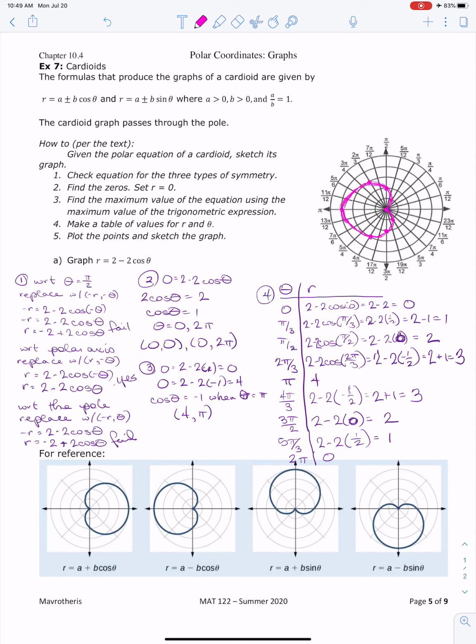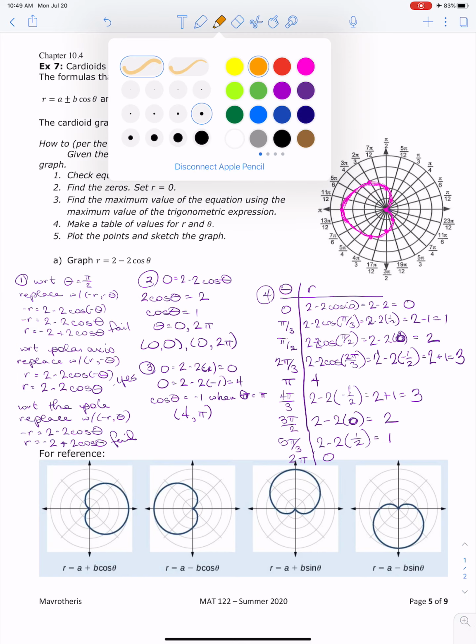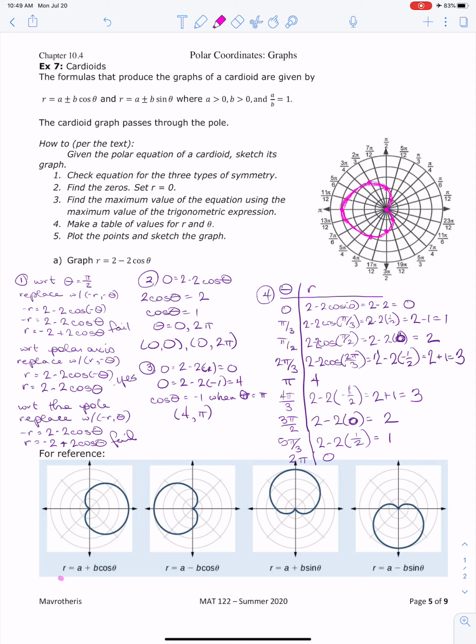Okay, so notice something at the bottom. We've got r equals a plus b cosine theta. So that is symmetric across the polar axis with the cosine. Same with r equals a minus b cosine theta.